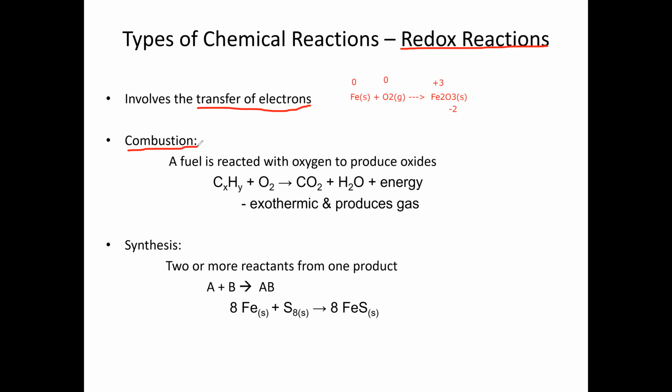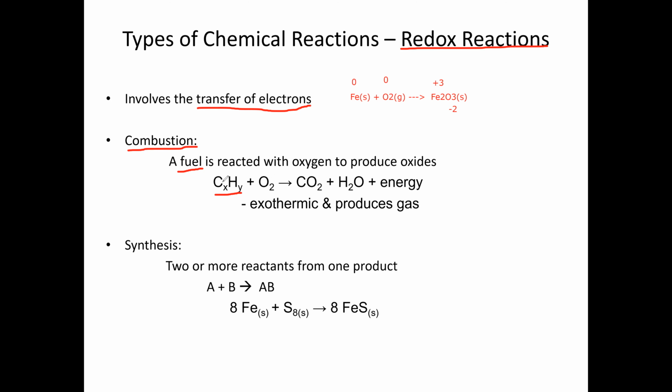Combustion reactions are very important because those are the reactions that help run the common conventional combustion motor. What you need for combustion is, of course, a fuel. Most of the time, the fuel is a hydrocarbon, a compound that contains carbon and hydrogen.